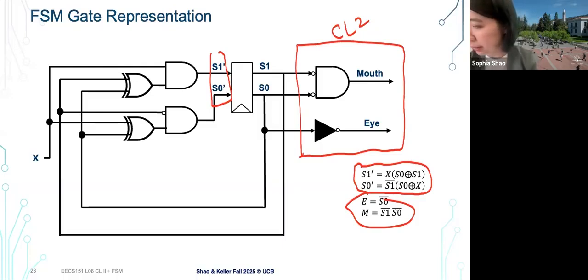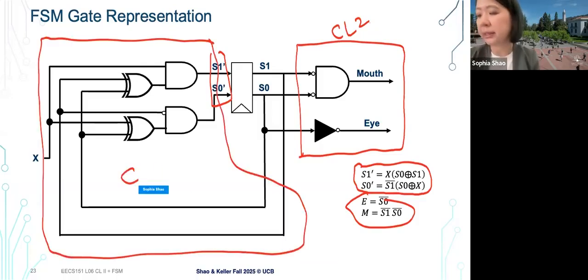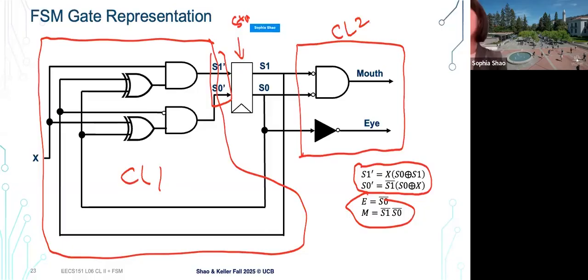Here is what we talked about, the first combinational logic to calculate the next state based on the current state. And here is my state element, my flip-flop that I actually use to store the state, right? So here is how the different pieces are connected together when we think about how to construct a sequential circuit. I think that makes sense so far?